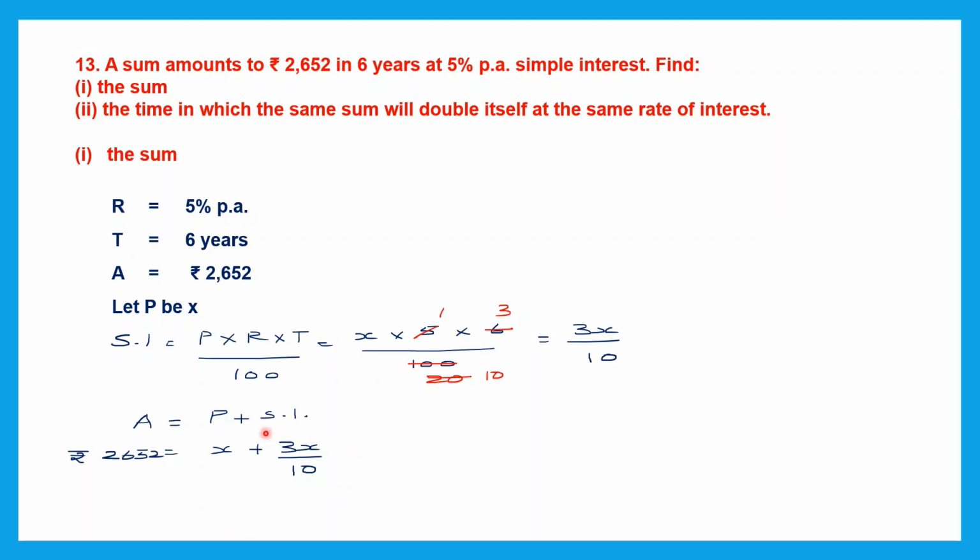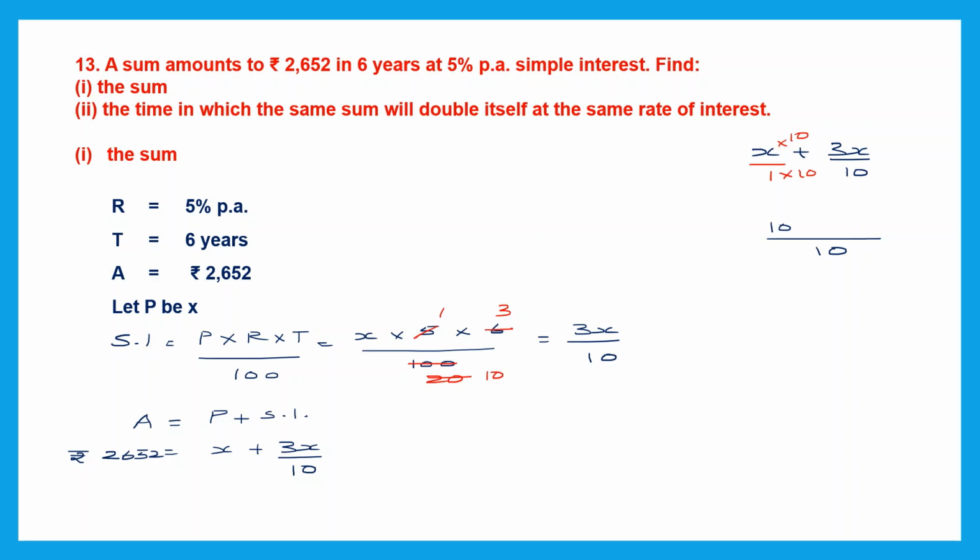Now we have to simplify this, x plus 3x by 10. So let's do that here. This is now addition of fractions. So let's give x the denominator 1. Now the LCM here is 10. So 1 into 10 is 10, and x into 10 is 10x.